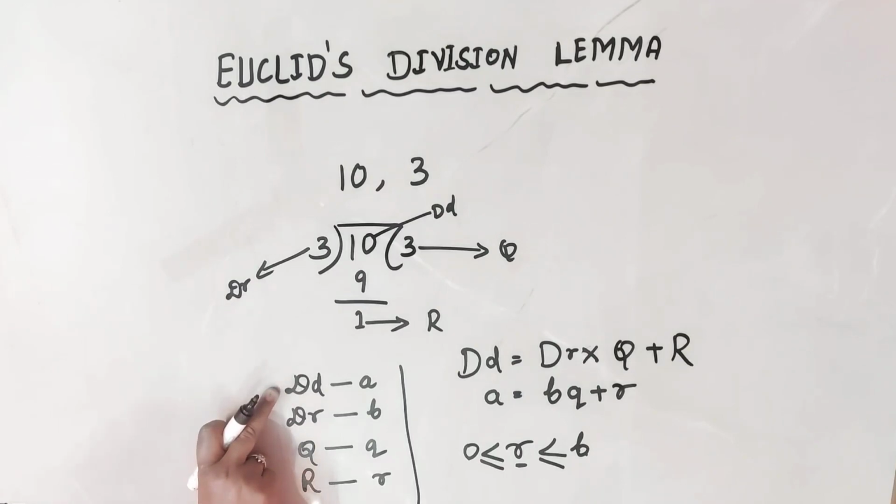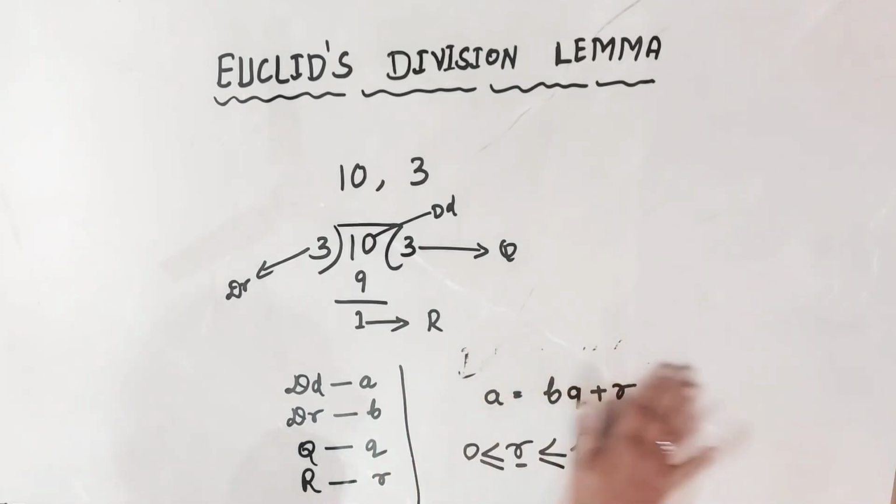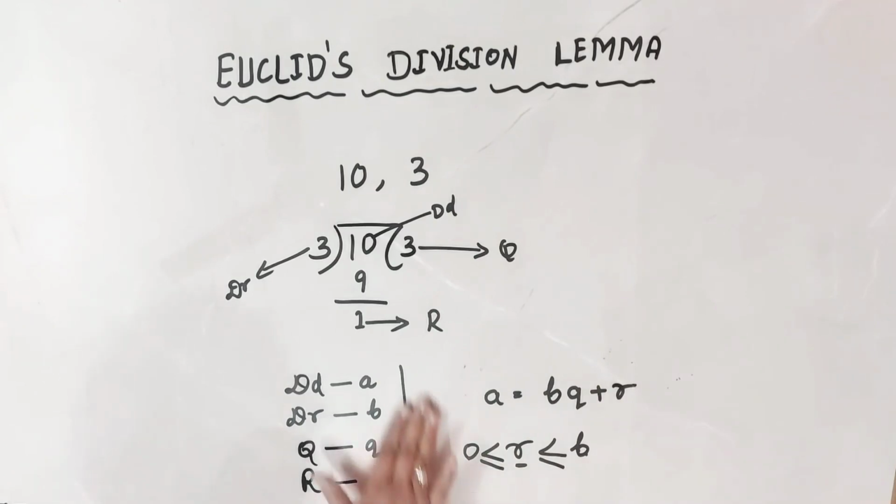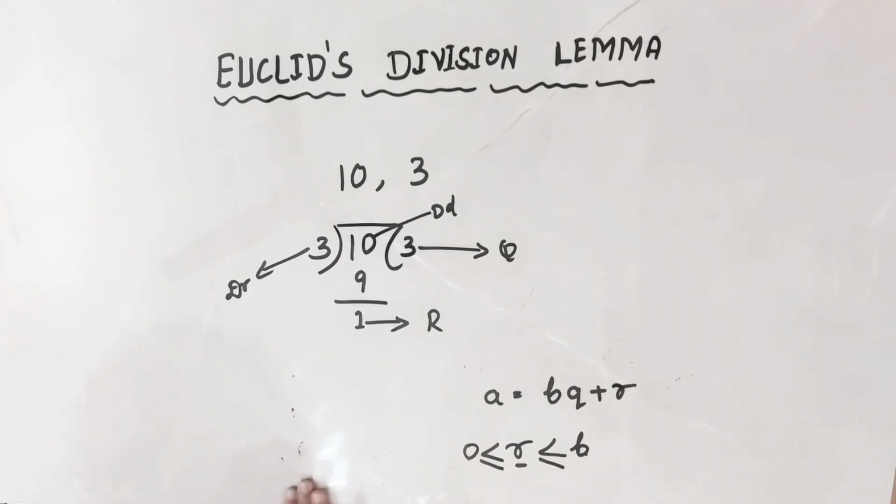In previous smaller classes you learned that the dividend is A, the divisor is B, the quotient is Q and the remainder is R. The same relation: A is equal to BQ plus R. In theorem 8.1, that is Euclid's division lemma, we are learning that dividend is equal to divisor into quotient plus remainder.